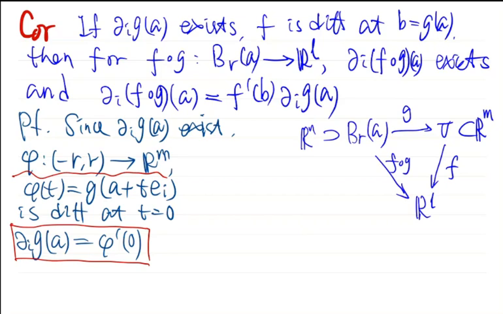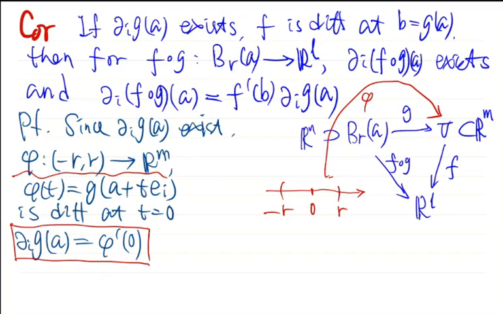So we apply the chain rule to the composition of f and phi. We draw a picture. Here is the real line, and this is the origin, and this is minus R. This map is our phi.